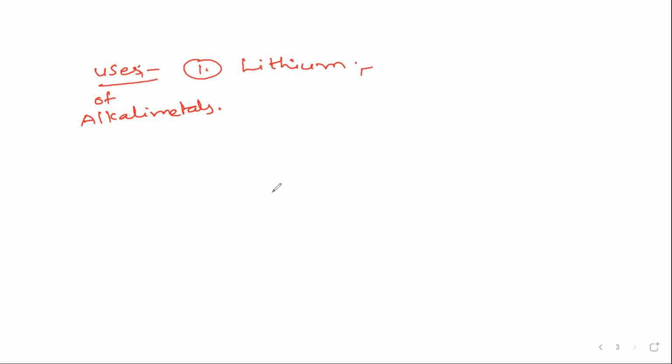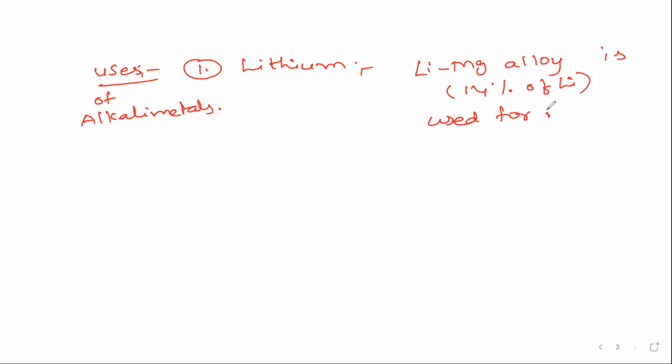Very important use: lithium magnesium alloy with 14% lithium, the remaining being magnesium, is used for making aerospace components.